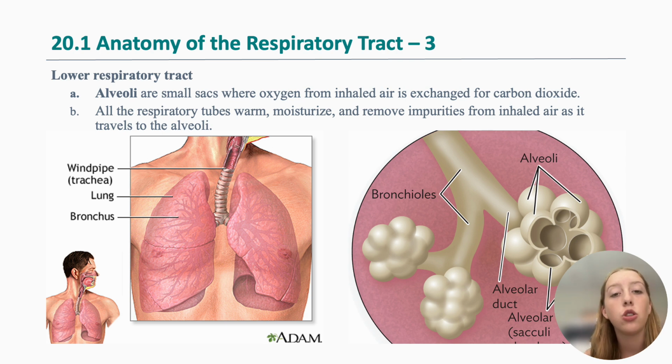The inhaled air travels down the trachea and main bronchi and through the dividing bronchioles and terminal bronchioles until it reaches the location where respiration occurs, the alveolar ducts and alveoli.